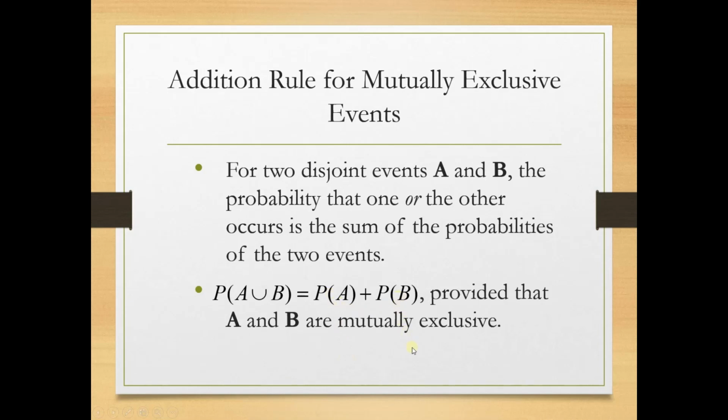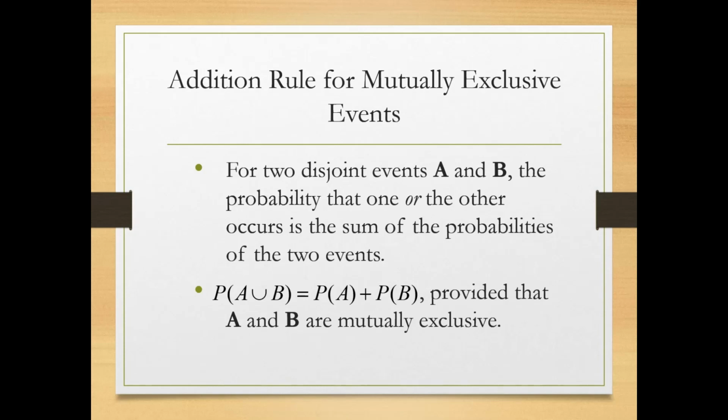So if I flip one coin, probability of a head is 0.5, probability of a tail is 0.5. When you flip that coin, you can't get both. You get one or the other. See the or? So for the head, the probability is 0.5. For the tail is 0.5. For A or B, head or tail, you just add them together and you get 1, which makes sense because when you flip a coin, you can't get anything else but a head or a tail.